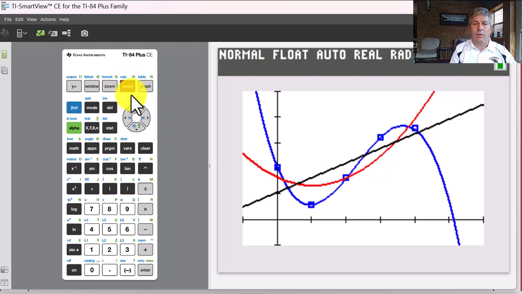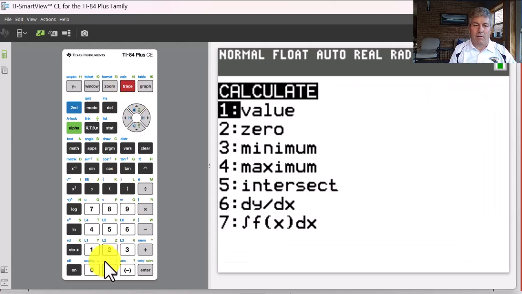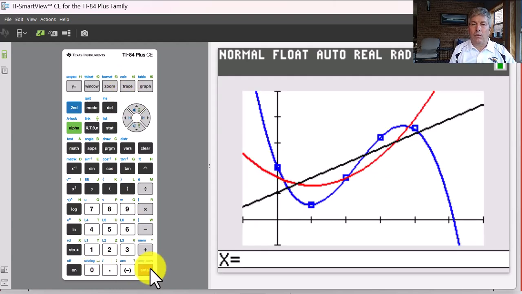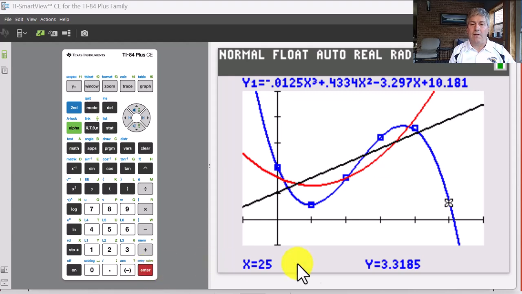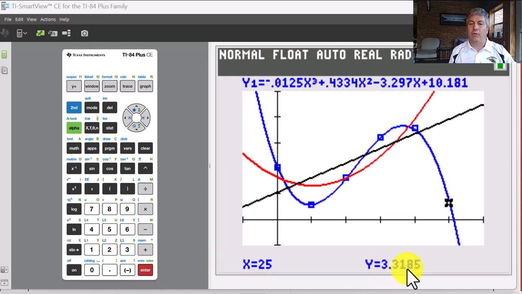And so we can go to second calc, value, and I've got all my functions here. It's telling me it's going to use the cubic function. That's the one I want. And we get a y value of 3.319.